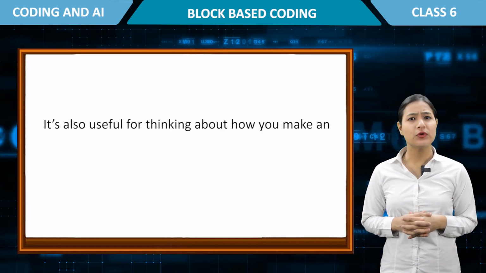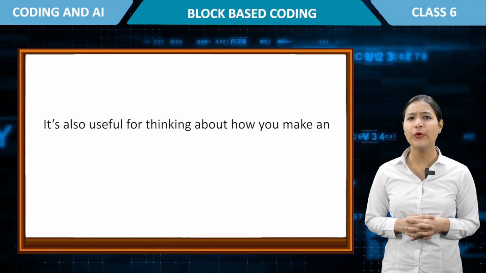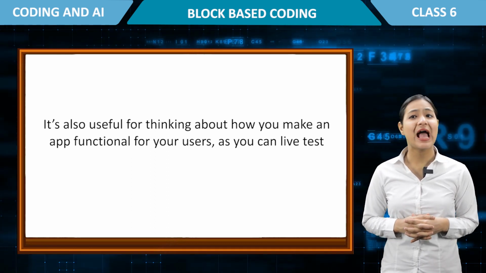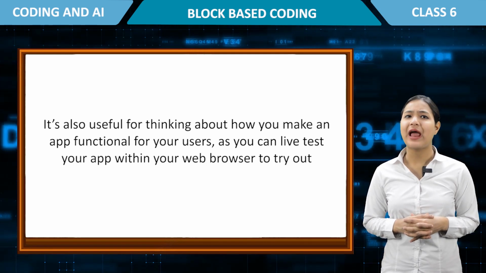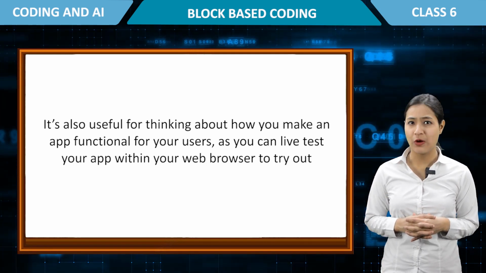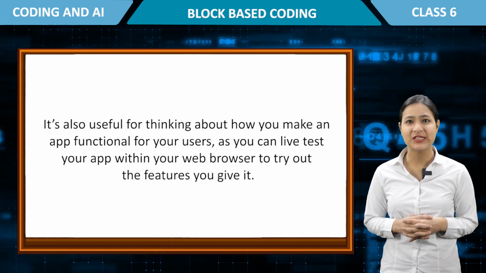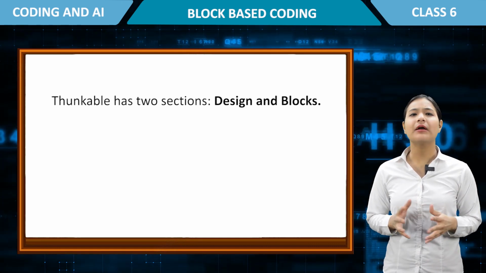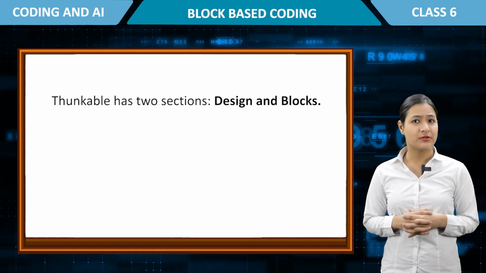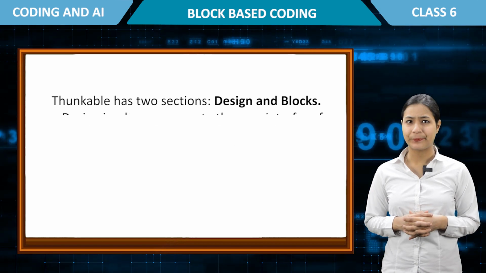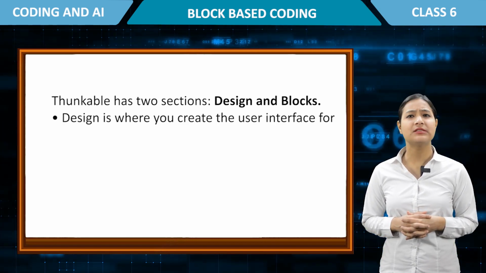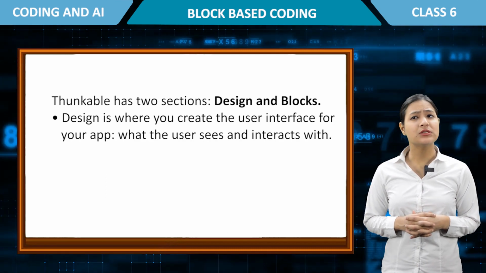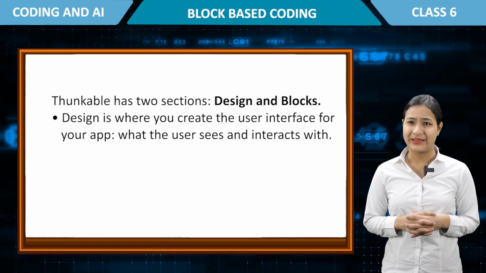It's also useful for thinking about how you make an app functional for your users, as you can live test your app within your web browser to try out the features you give it. Key features of Thunkable. Thunkable has two sections: design and blocks. Design is where you create the user interface for your app, what the user sees and interacts with.